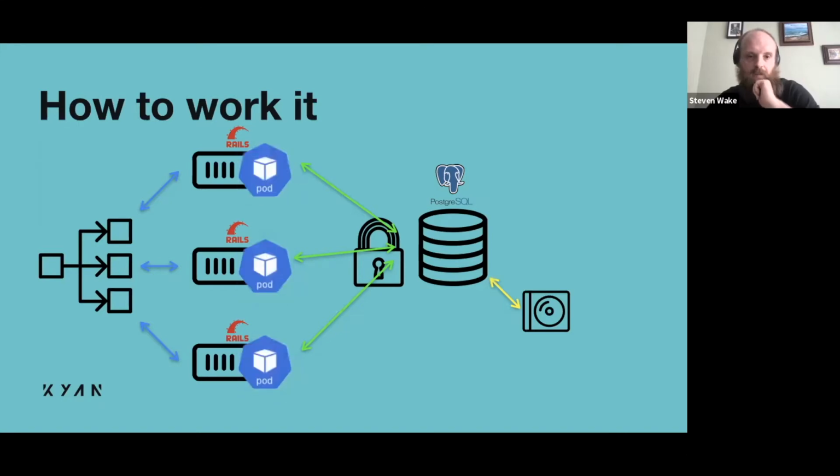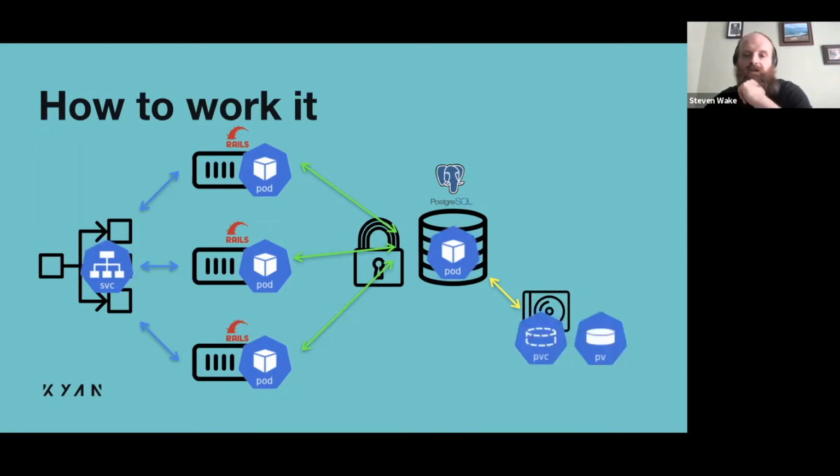You probably have a pod running in each of the web servers that would run one or more containers that are running your code. Then you want a load balancer. SVC is a service. A load balancer is a type of service, which would balance the requests across all 3. You've got a pod for the database, and then you've got a persistent volume and a persistent volume claim.